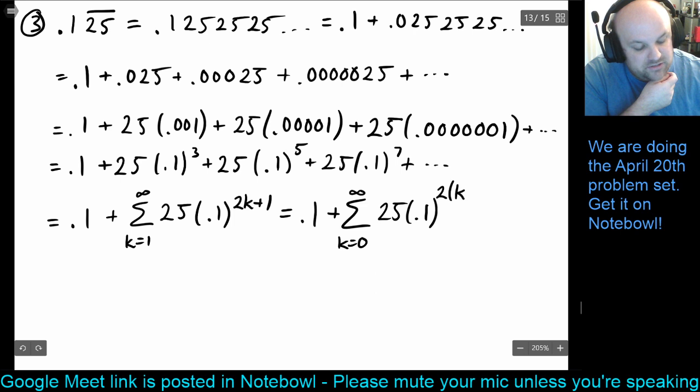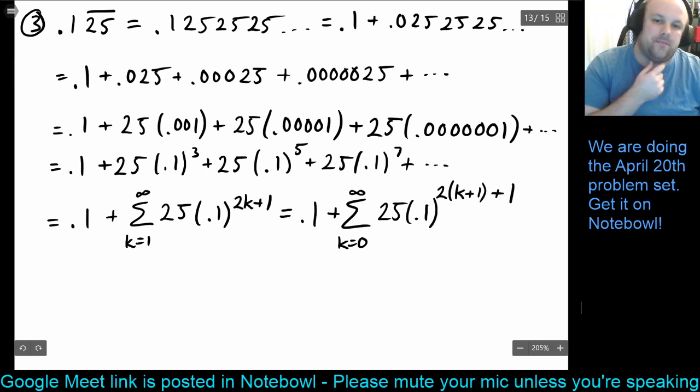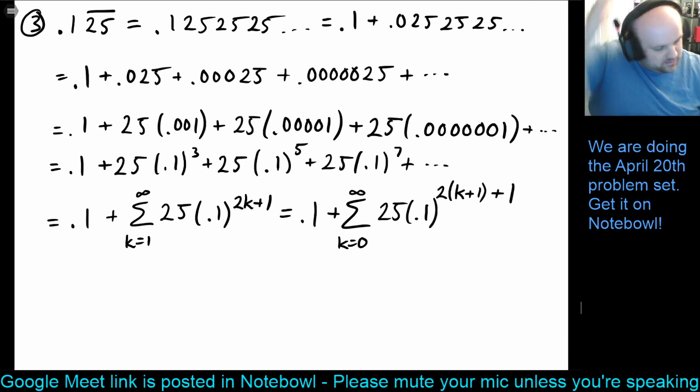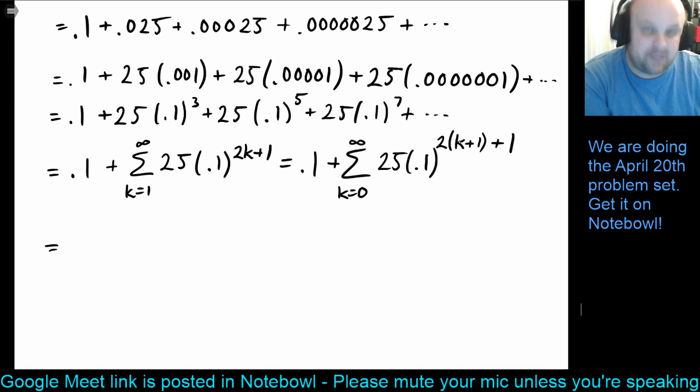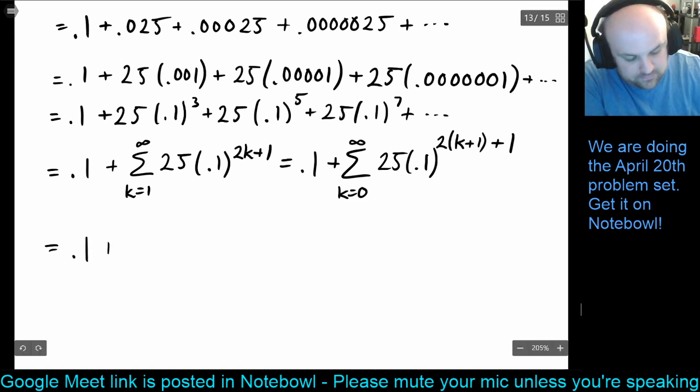So this is now 2 times k plus 1, plus 1. That's the important bit to keep in mind. And now it's just a matter of getting this k by itself. It has a couple extra steps compared to usual, so this is 2k plus 3.